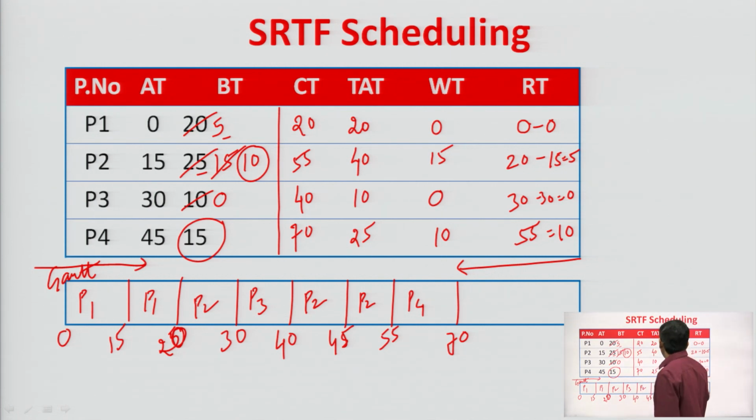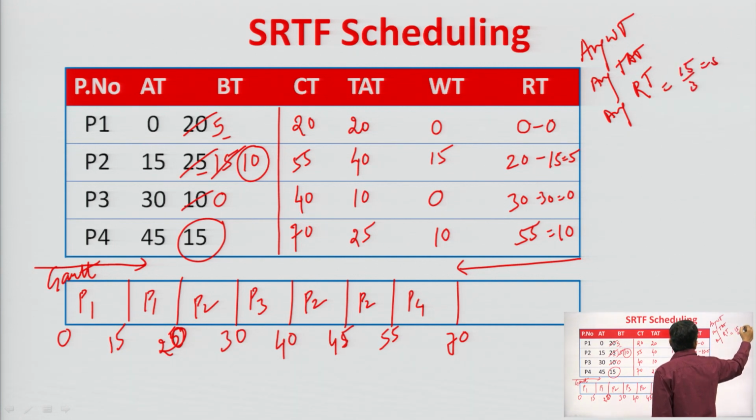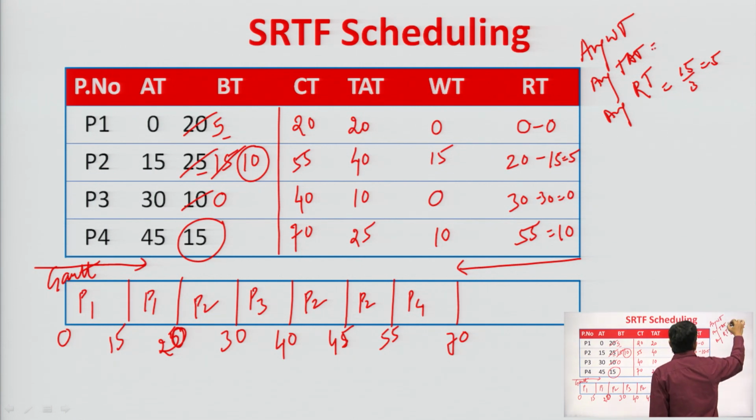Similarly, we can compute the average waiting time, average turnaround time and average response time. So, the average response time will be 10 plus 5, 15 by 3 means 5. You have to sum all the response times and divide it by the total number of processes. Average turnaround time will be, sum all these, so this will be 95 divided by 3.